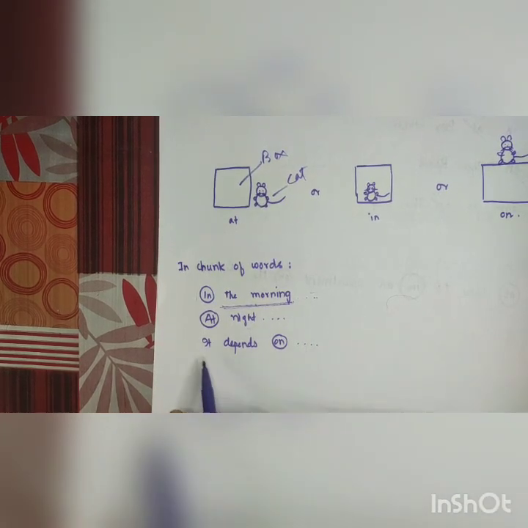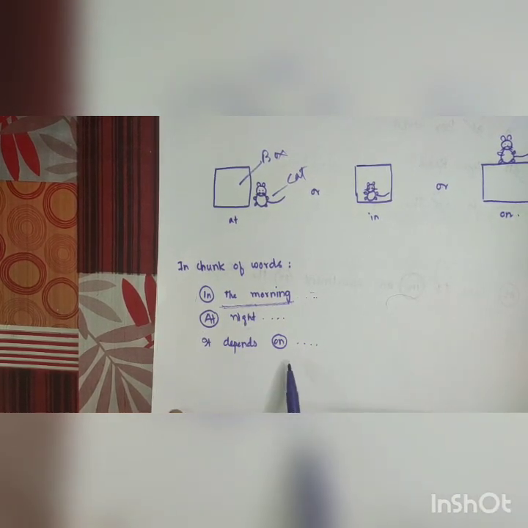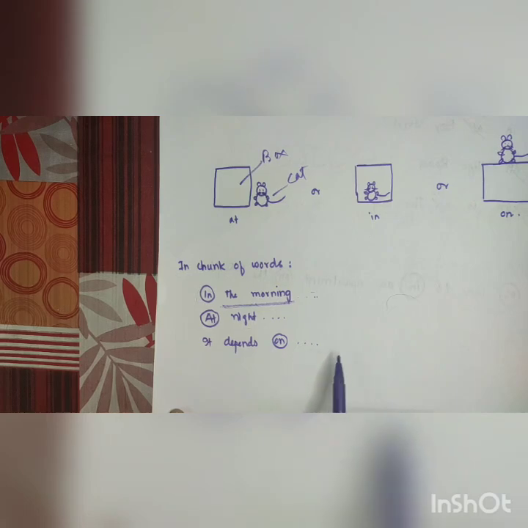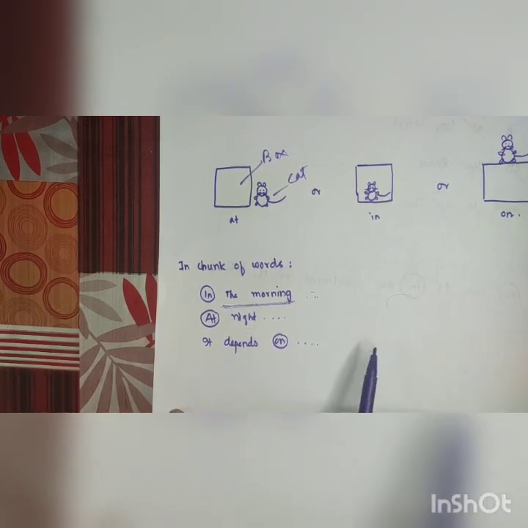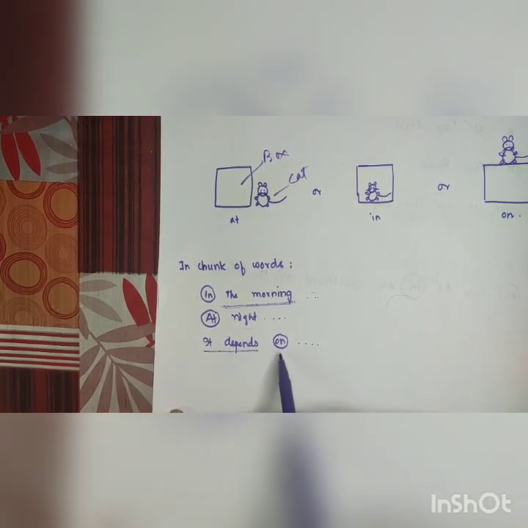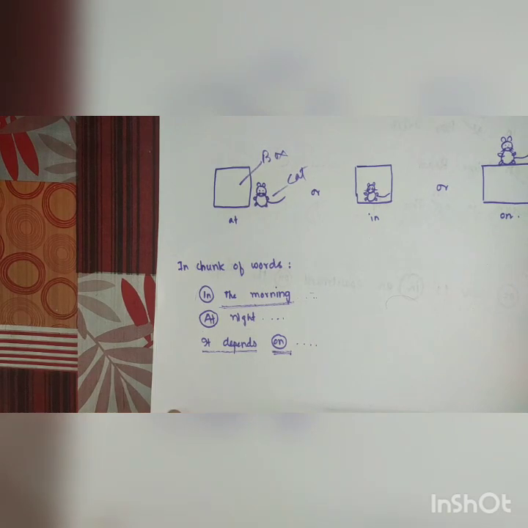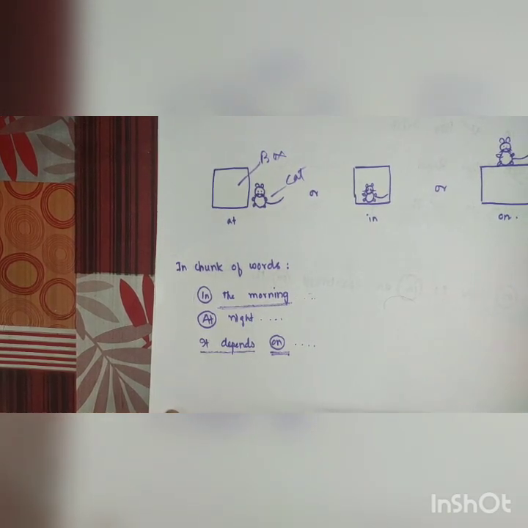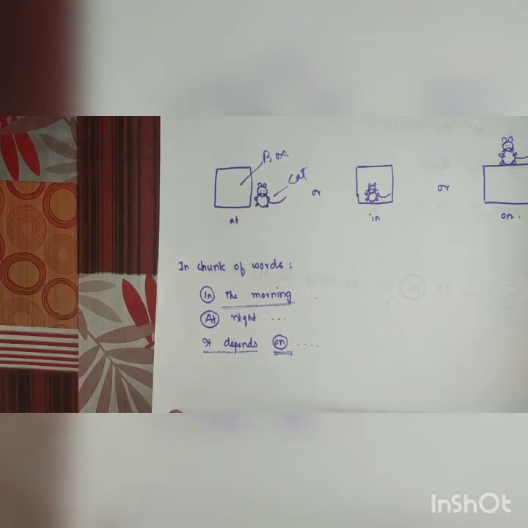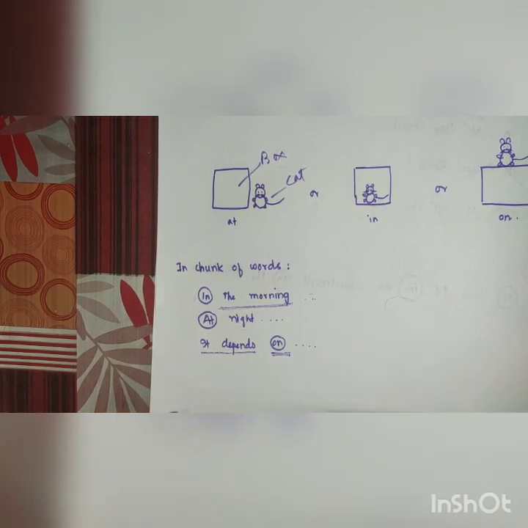So it depends on something. It depends on the dough how soft the roti will be. So after it depends we use on. So this is very confusing. We have to appropriately know the position or the usage of a particular preposition.